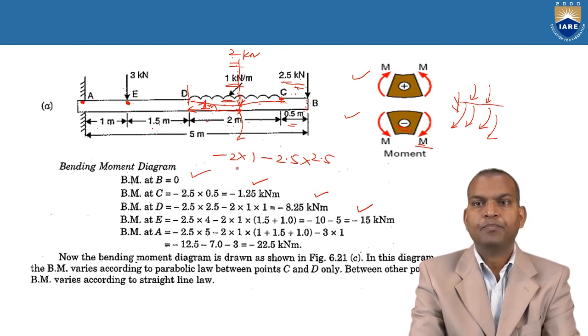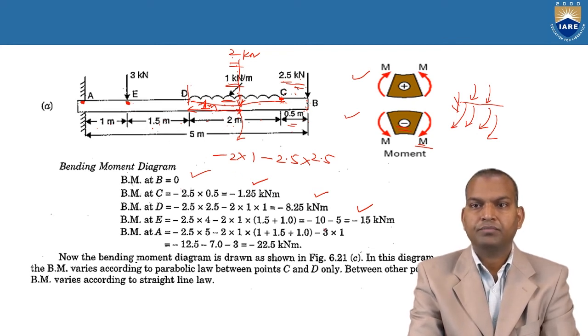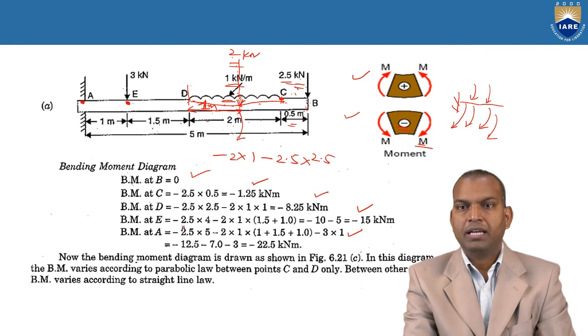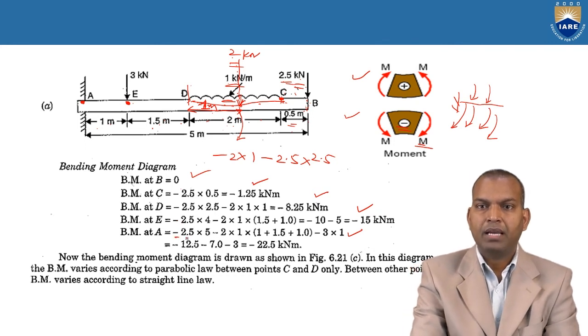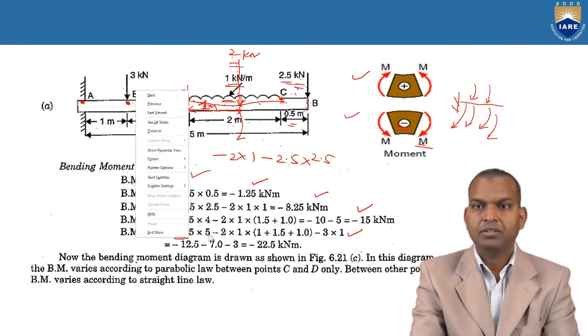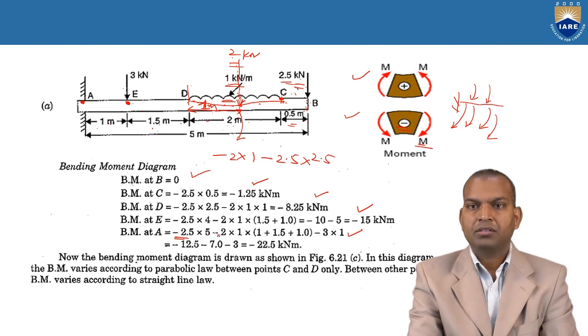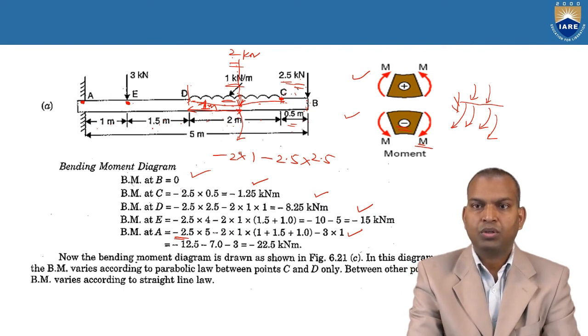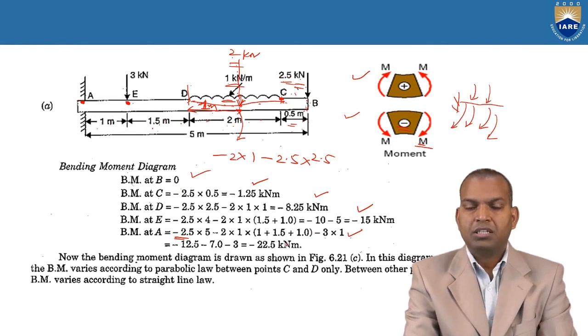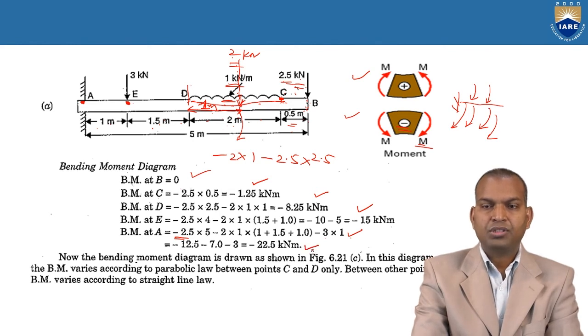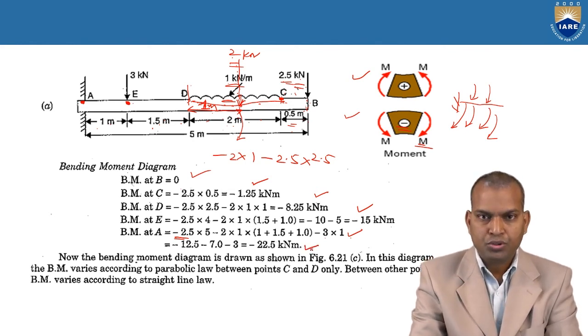Minus 2 into 3.5 meters, minus 3 into 1 meter. Again, you can see this step: minus 2.5 into 5, minus 2 into 3.5, minus 3 into 1, the total distance. The total moment value is minus 22.5 kilonewton meter.